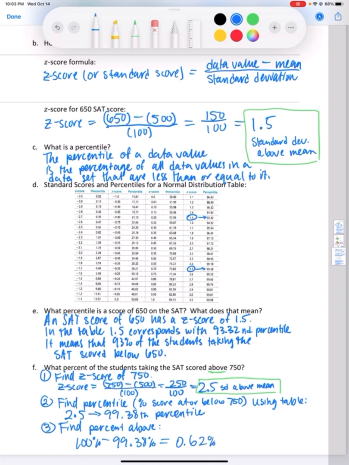So 0.62% of the students scored above 750. That's our answer there. So there we go, that's the end of our section. Please let me know if you have any questions.